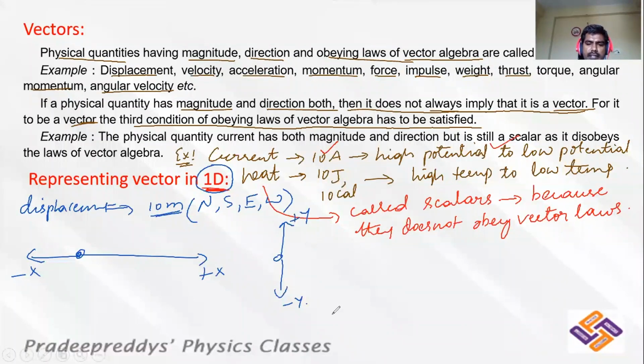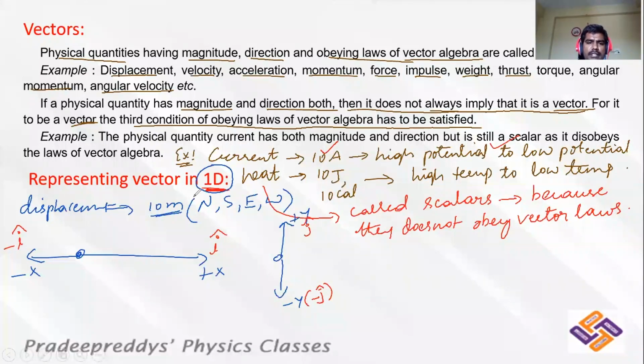Positive x-axis usually is represented with a unit vector, generally I cap. I cap is a unit vector that we will be learning in the next coming slides. Negative x-axis is represented with minus I. Similarly, along y direction, it will be represented with j cap, and negative y is minus j cap. I and j are the unit vectors along x-axis and y-axis.